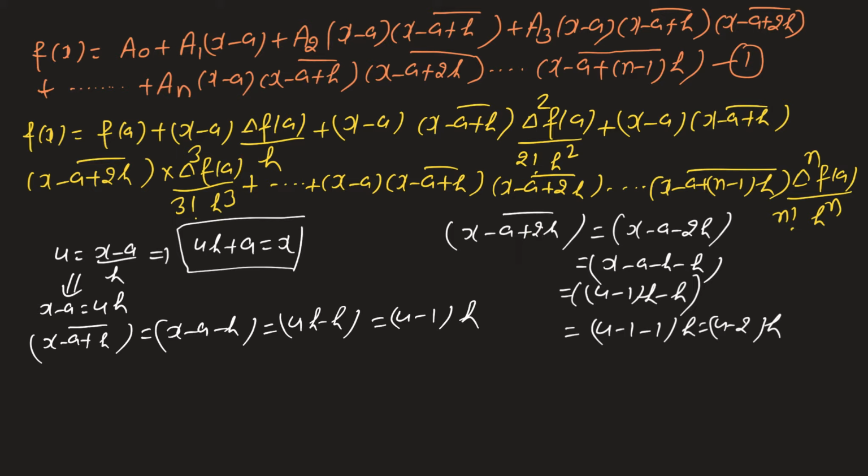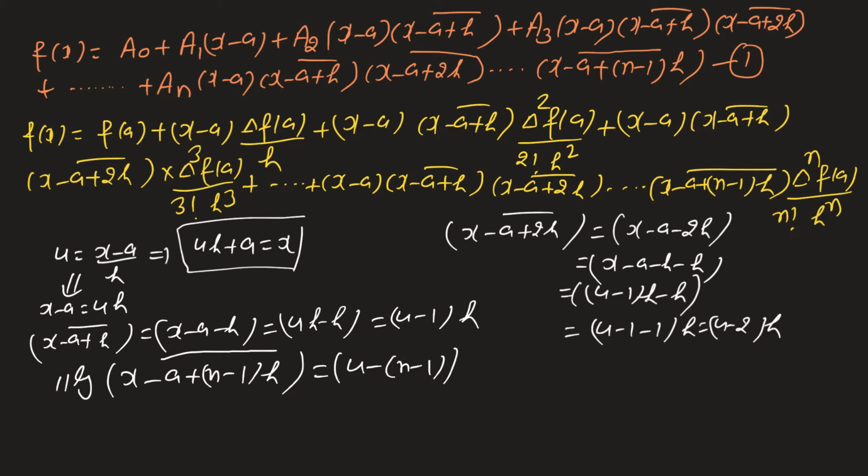Similarly, when we calculate this one, then what will happen? The h coefficient will be n minus 1, so (u minus (n minus 1))h. So if I write similarly, x minus a plus (n minus 1)h is equal to (u minus (n minus 1))h.